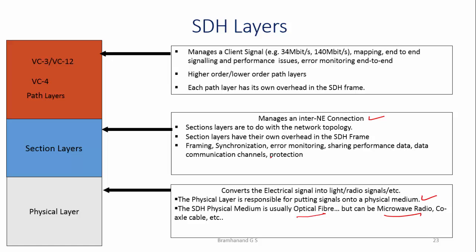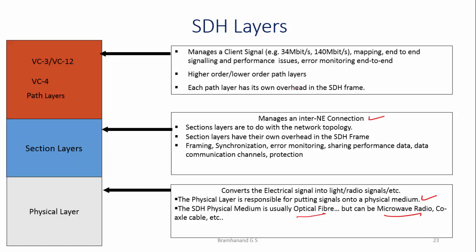The path layer manages the client signal from end to end and supports error monitoring from source to destination. We have higher order and lower order path layers: higher order path layers for VC3 and VC4, and lower order path layers for VC1, VC11, and VC2.